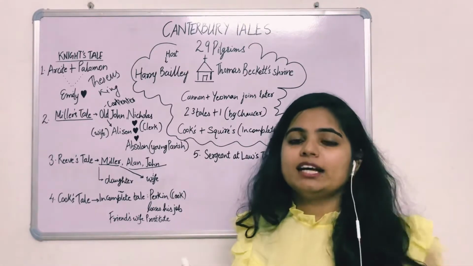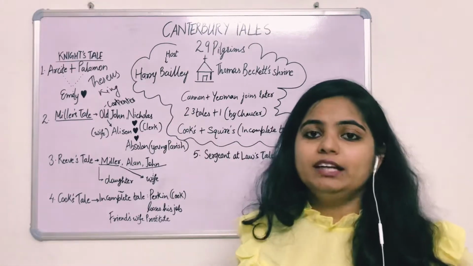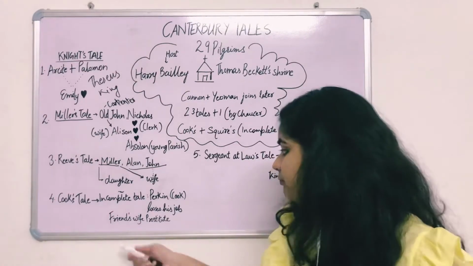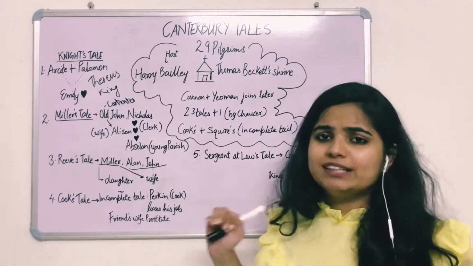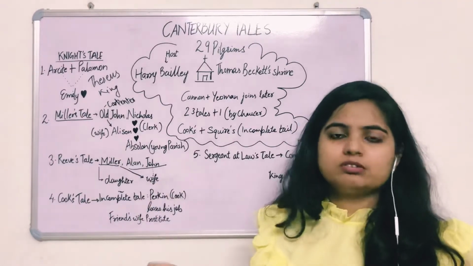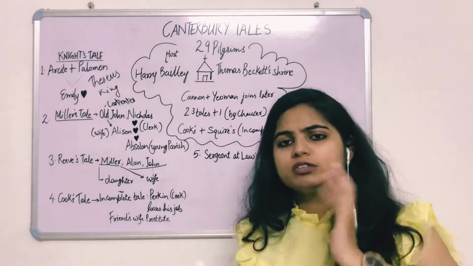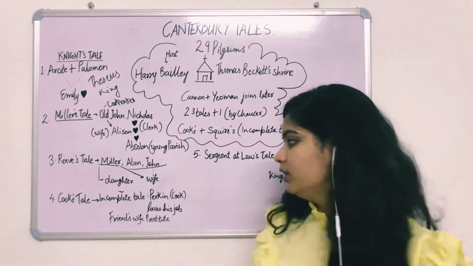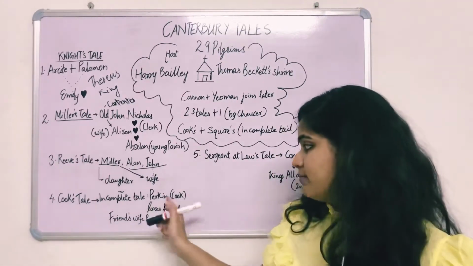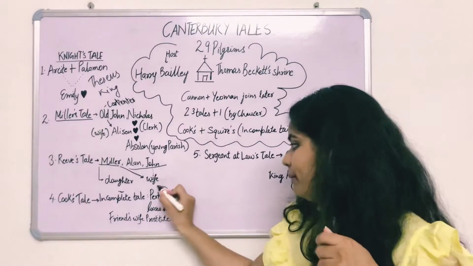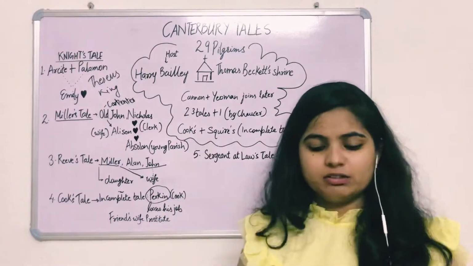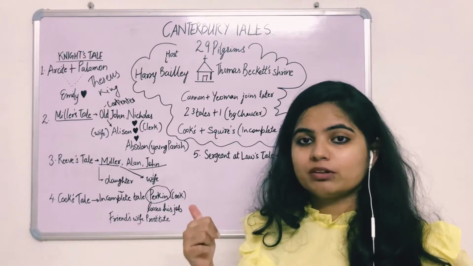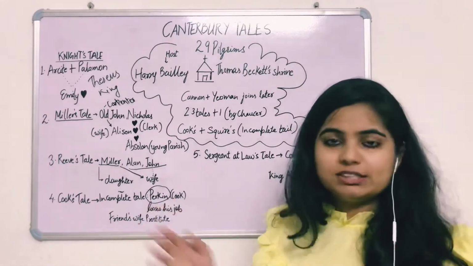Then he tries to take help from his friend, and he shifts to the house of his friend, and the friend's wife is a prostitute and they live together. This is the whole story, like he goes to a friend's house and the wife is a prostitute. That is the sum-up of this story, right? So the Cook's Tale has a major character called Perkin here. You just need to remember the name of the cook here. Perkin is the cook's name, right?